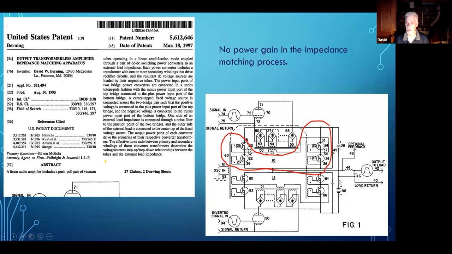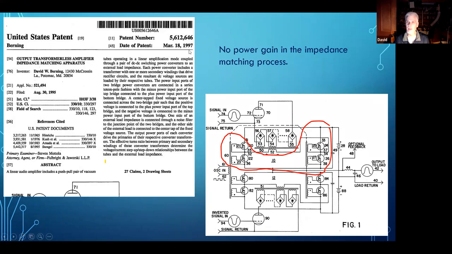The center tap of the power transformer is coupled to the load return, and then these 2 are joined in series, and that series connection is your output to your speaker through a noise filter, which is optional. But I always use it, but you wouldn't have to.